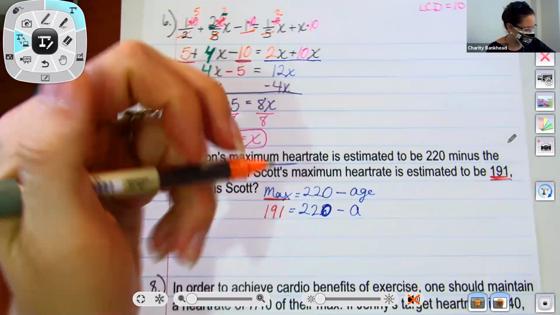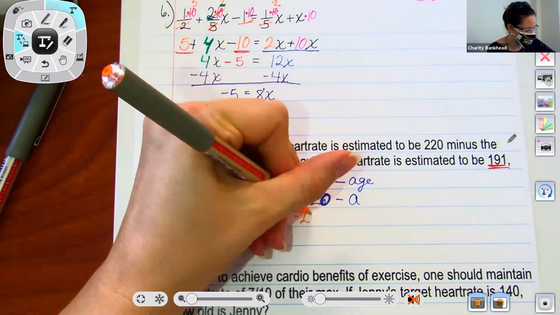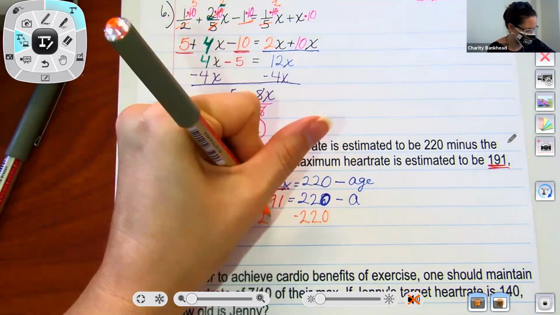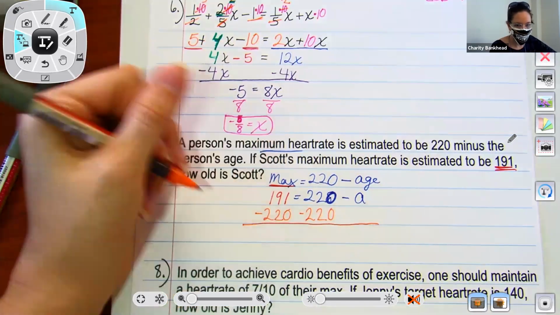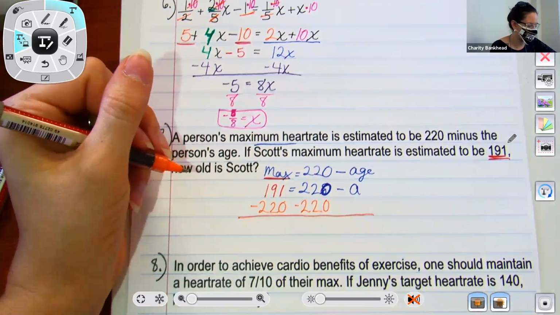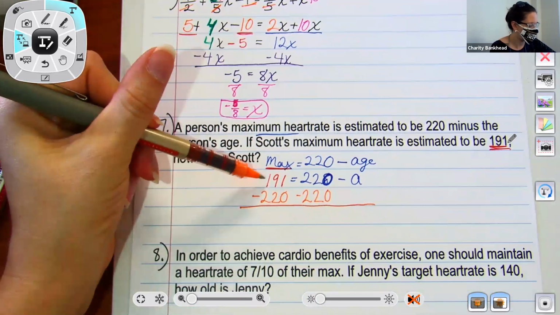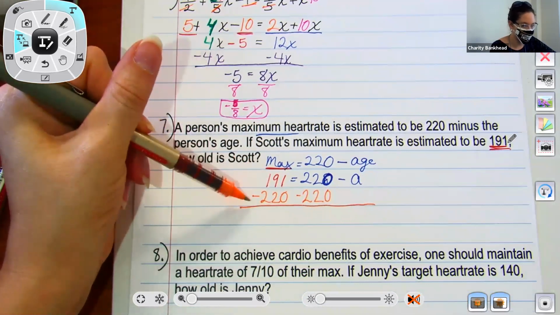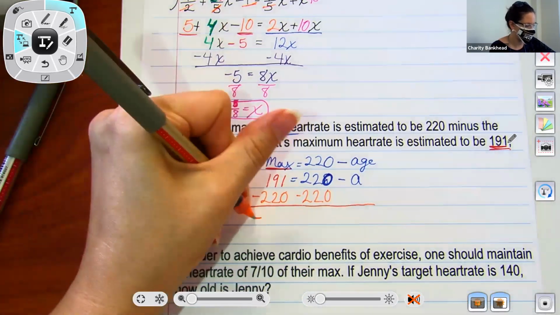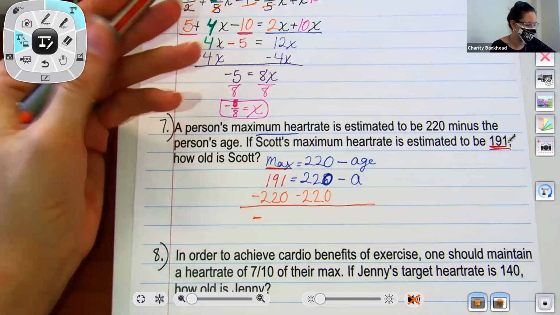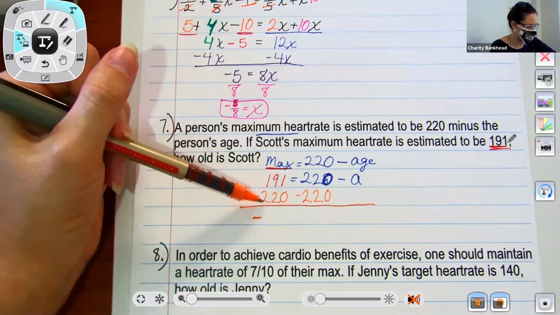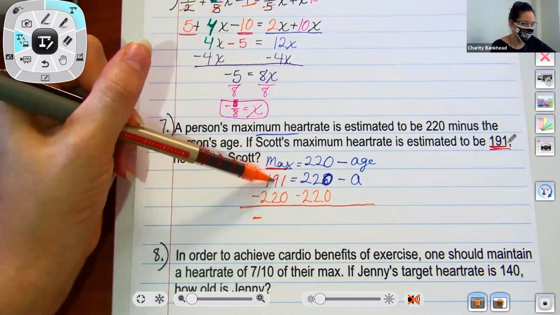So next I would subtract 220 from both sides. All right, so 191 minus 220. If your account had $191 and you spent 220, it would be overdrawn, so negative. And then to figure out how much overdrawn, I'm just going to say 220 minus 191.